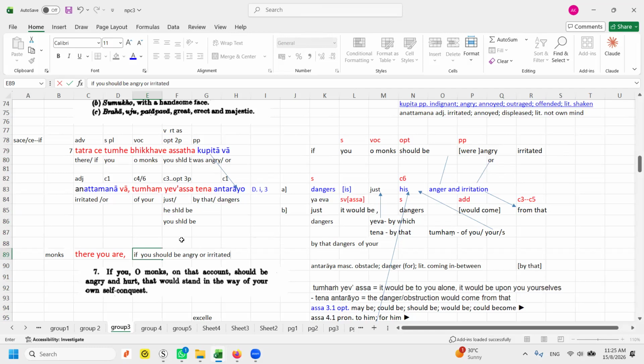Irritated. Now, after that, if I put "if," usually I would like to use "then." If and then. In English, if and then. You can see this combination and this combination. In Pali it is yena and tena.